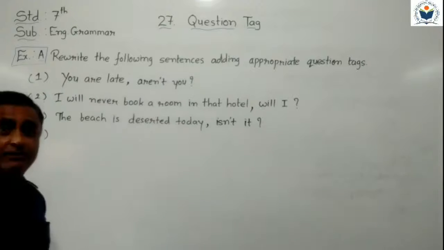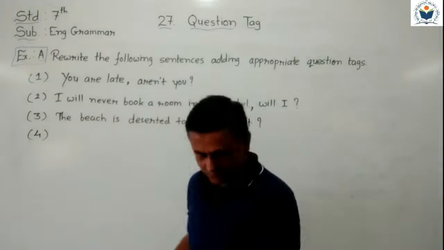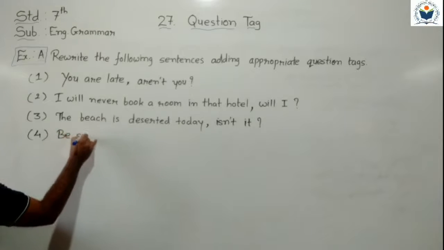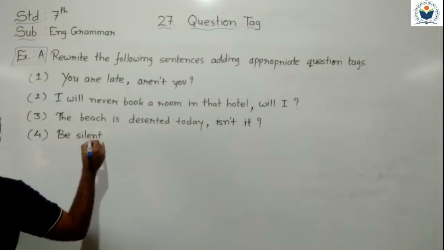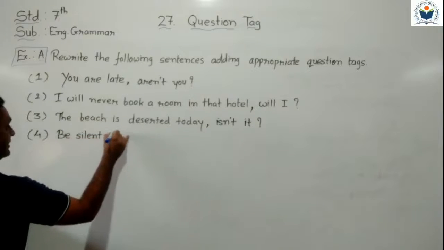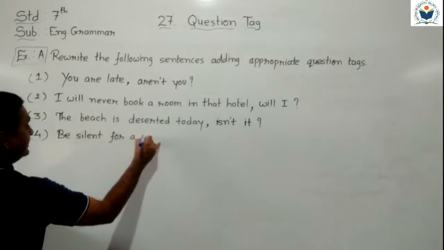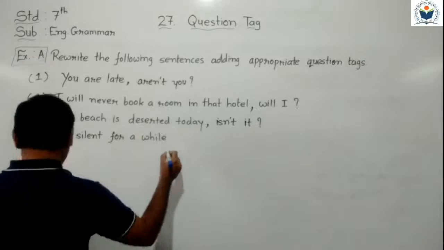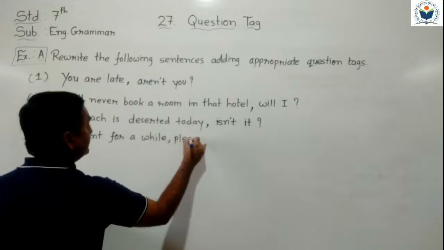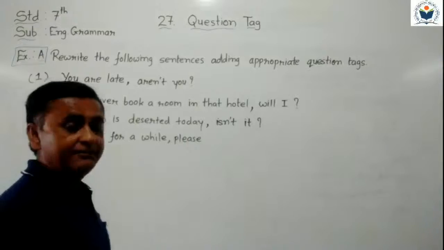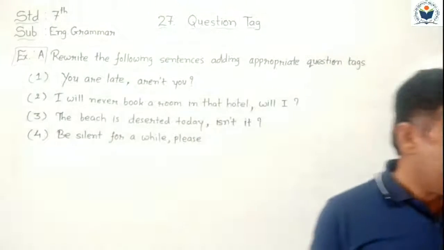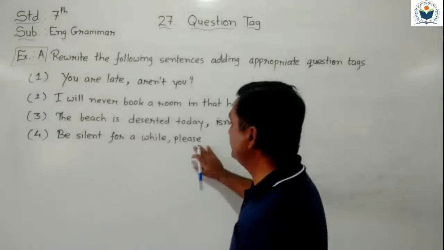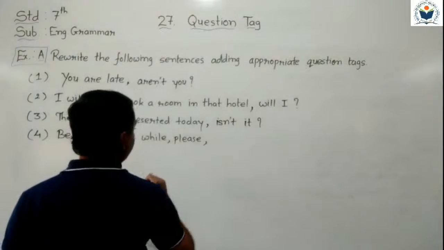Now we have to see the fourth sentence. Sentence number 4: Be silent for a while, please. After that you have to put a comma once again.